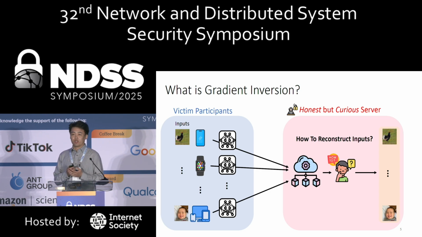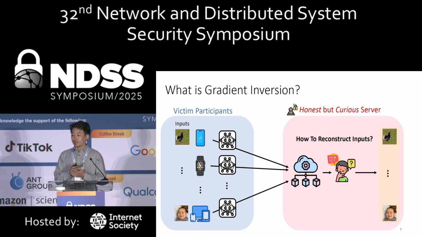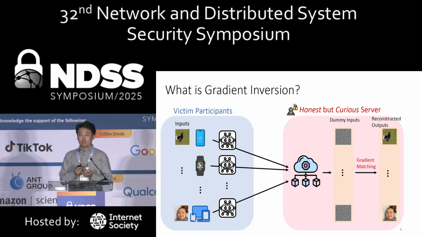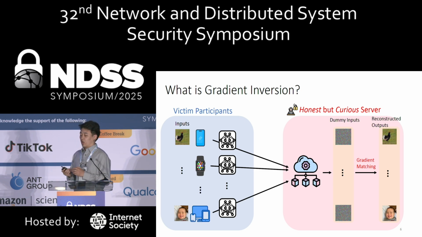Basically, gradient inversion is a technique that can reconstruct the input only from the gradients communicated with the server, without touching your raw data. Usually they initialize with dummy inputs and do gradient matching with stochastic optimization, or they use some generative model to reconstruct the input from the gradient.